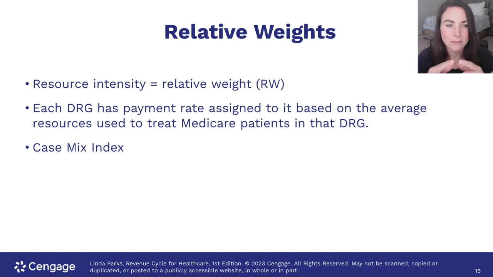The case mix index is a weighted average of the total of the relative weights of all patients treated during a specific time. So this is really looked at by hospital administration, so they can see how much is used per year or in a certain time frame. Doctors also look at this to tell them how severe the illnesses they're treating were or how difficult to treat they were.